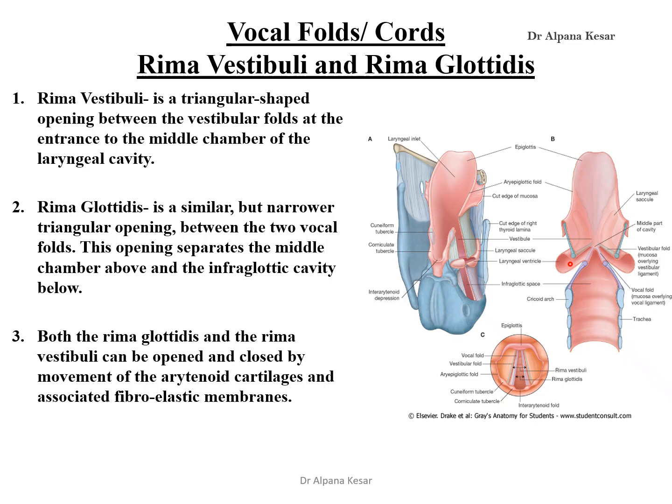It is present at the junction of the middle chamber with the infraglottic cavity. Rima glottidis is a narrower space as compared to rima vestibuli. Both can be opened and closed by the movements of arytenoid cartilage and the associated fibroelastic membranes.